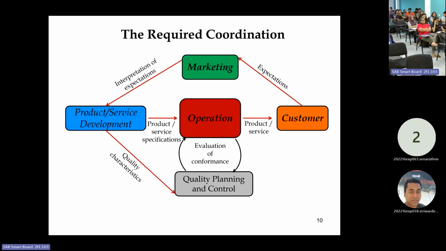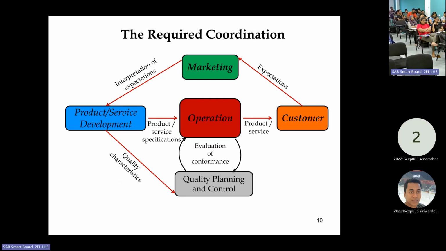So they are supposed to conduct market surveys, marketing research, and other data and information gathering activities, identify the customer expectations and requirements, analyze them, and provide such interpretations, particularly known as market insights, to the product development team in order to design their products with the right features and characteristics. That is their role. So that is again to enhance the quality of design.